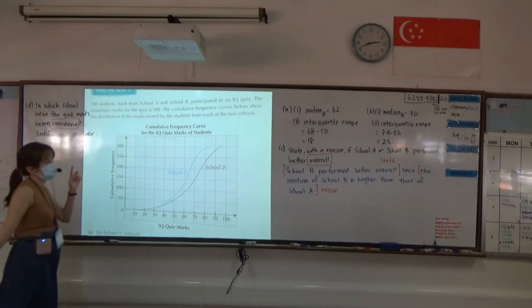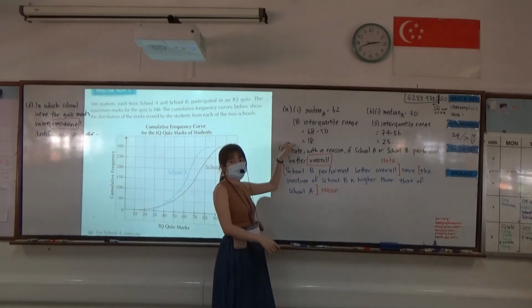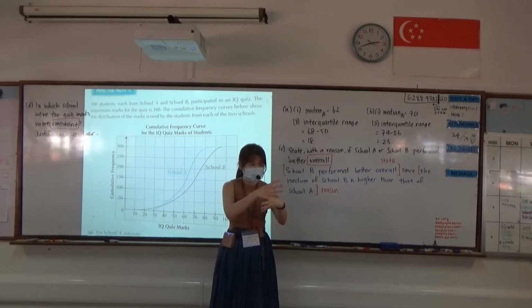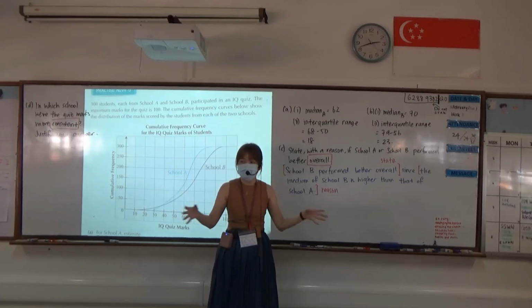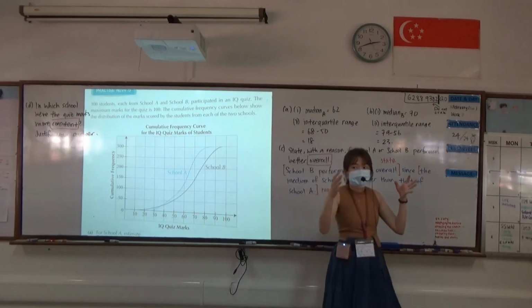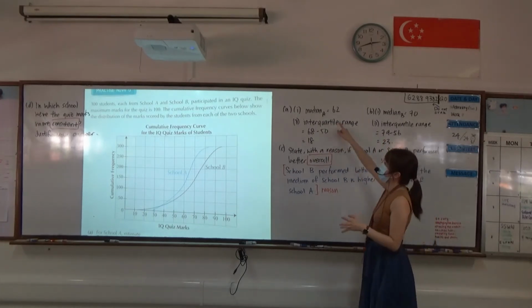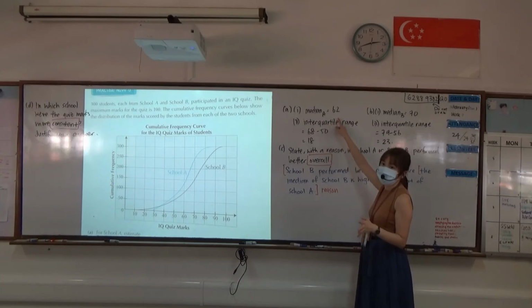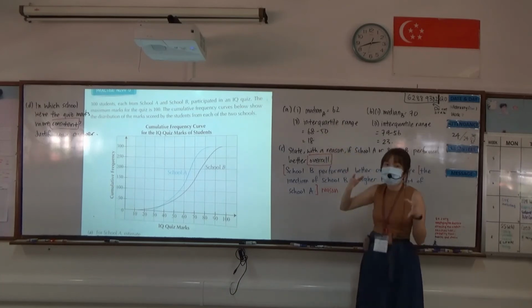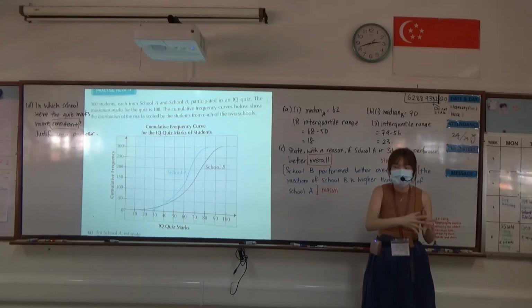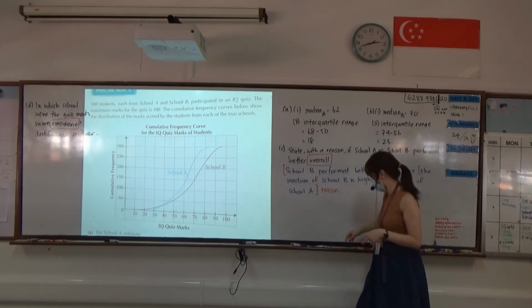So if we have to compare, we need to look at the interquartile range. Because the interquartile range is where we arrange all the students in ascending order. Then after that, we look at the middle 50%. Right at 50%, we see that in school A, it is 62 marks. So the middle 50% has a range of 18 marks, within that 62 itself.